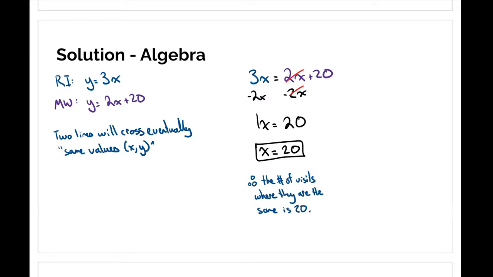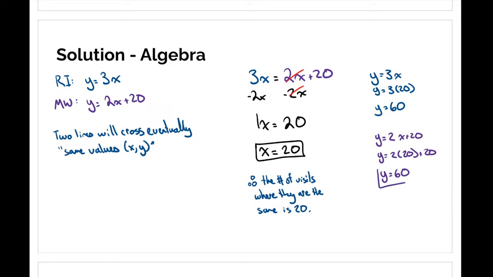And if we want to go back and figure out what the cost is at that point, well, I have two equations to figure that out. y equals 3x, or y equals 3 times 20, which equals 60. I could also do the other equation, y equals 2x plus 20, or y equals 2 times 20 plus 20, or again, y equals 60.